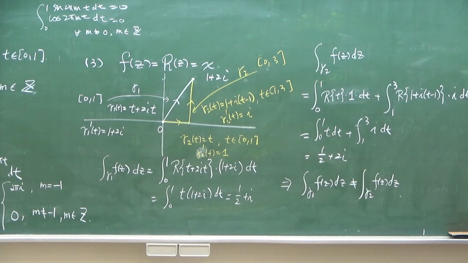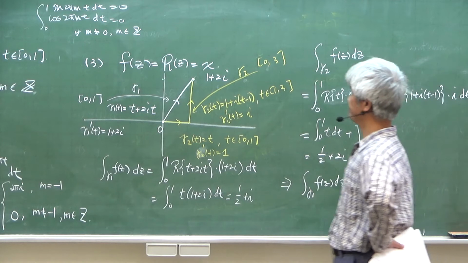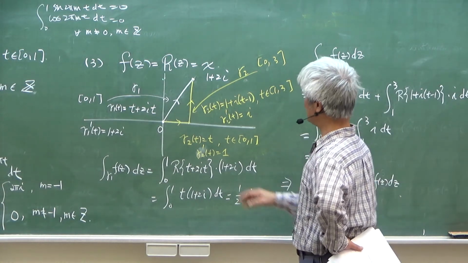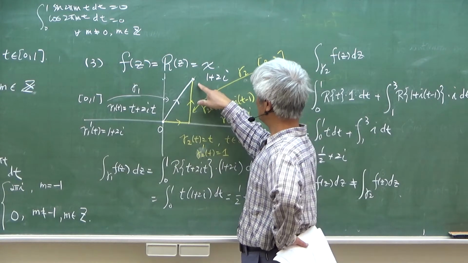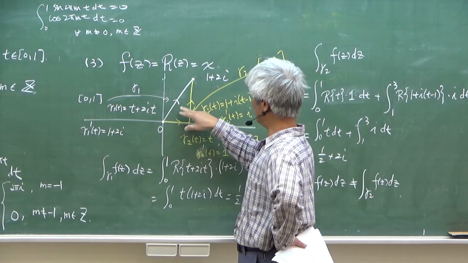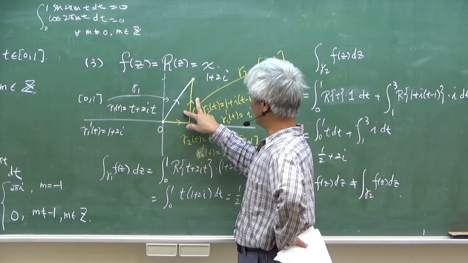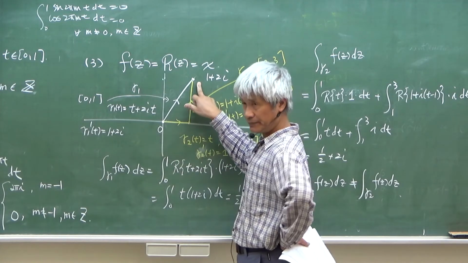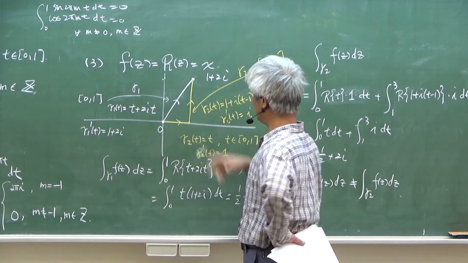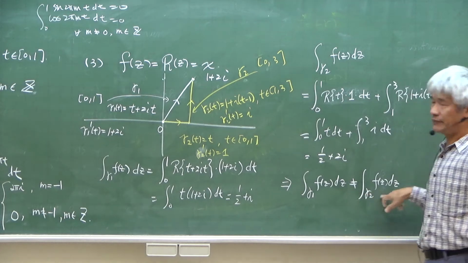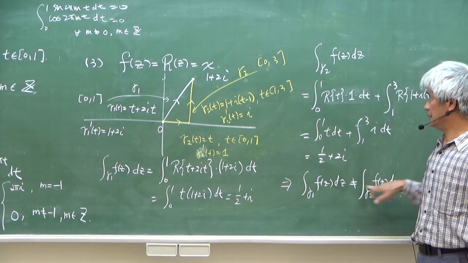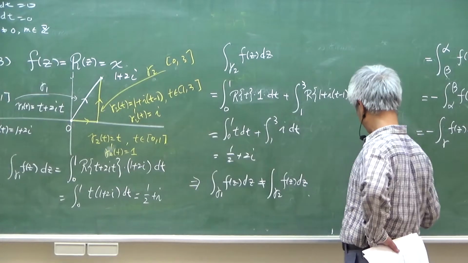It's possible that even though we have two different paths with the same starting point and same ending point, we end up with different line integrals. So this is possible.